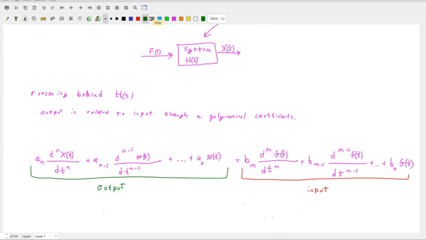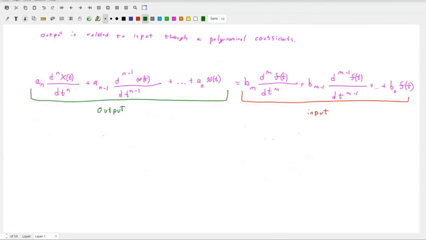So let's take the Laplace transform of both sides, right? That all of a sudden gets a whole lot easier to write. It's just going to be a to the n.